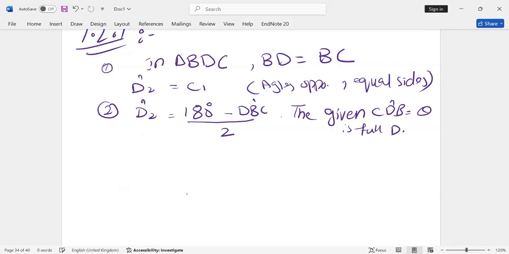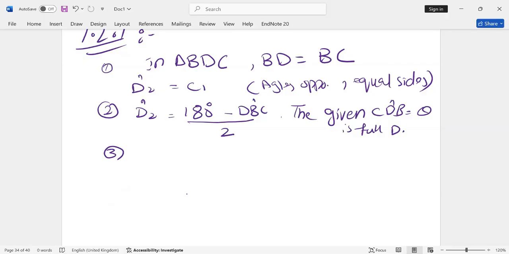The third point is that, assuming the diagram notation, ADB and ACB are the angles at D and C in the triangle ADC.